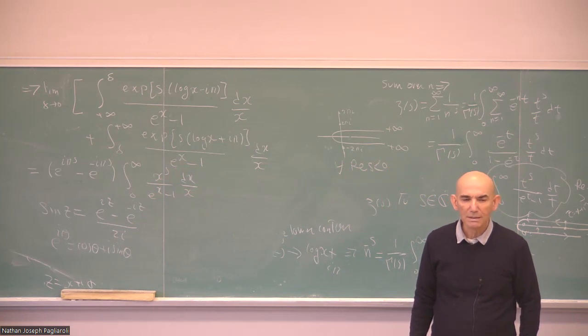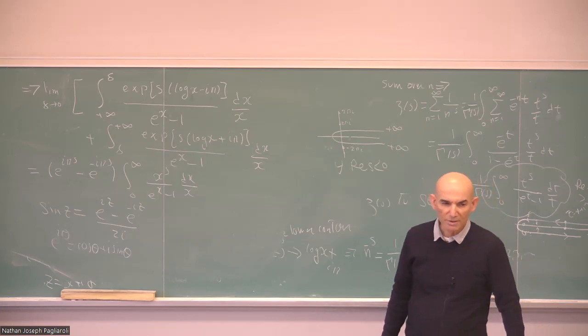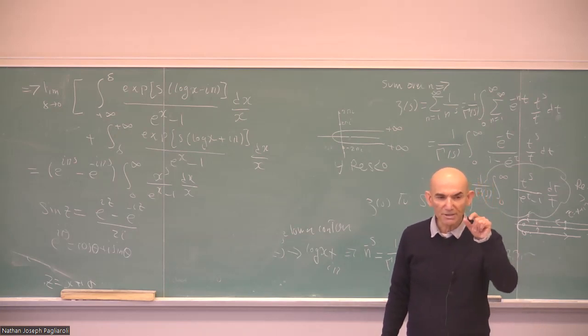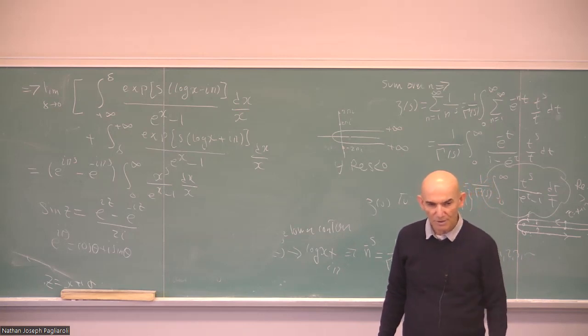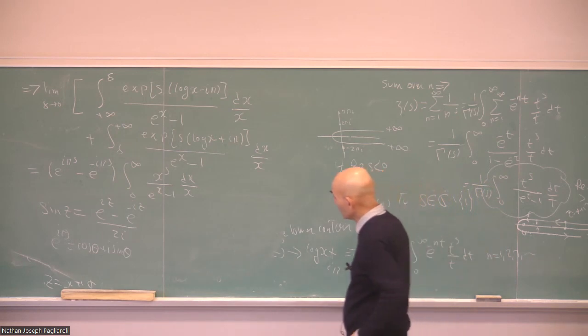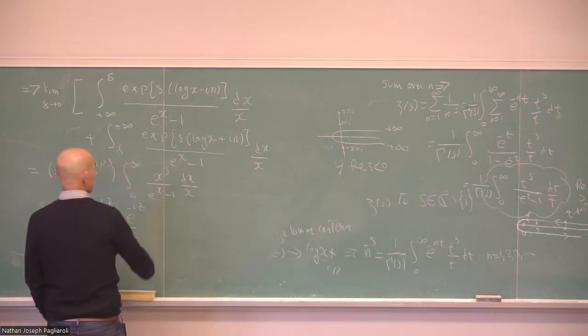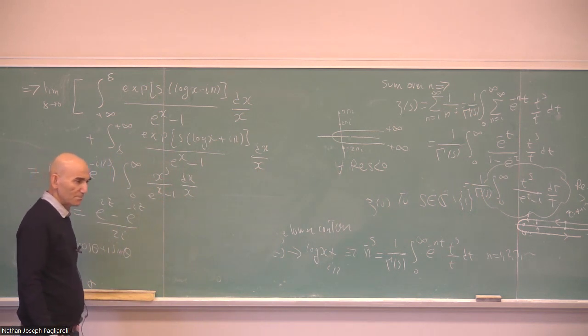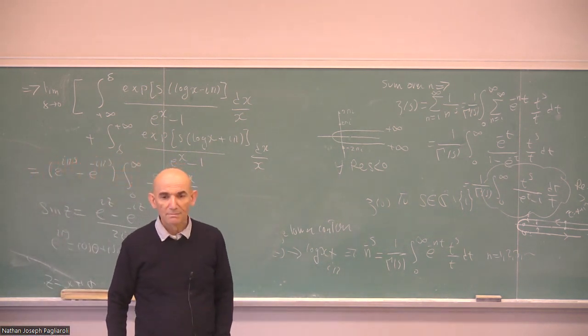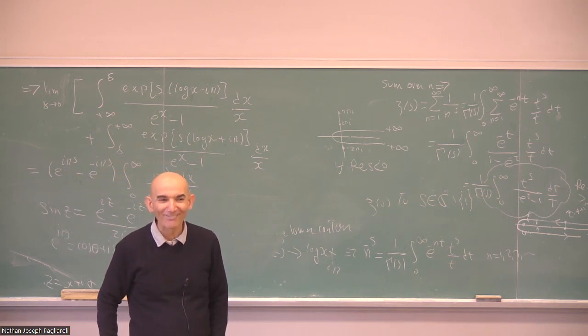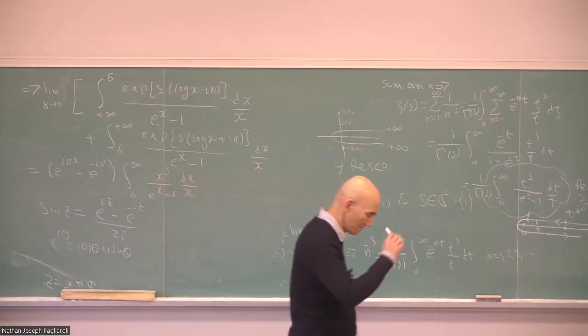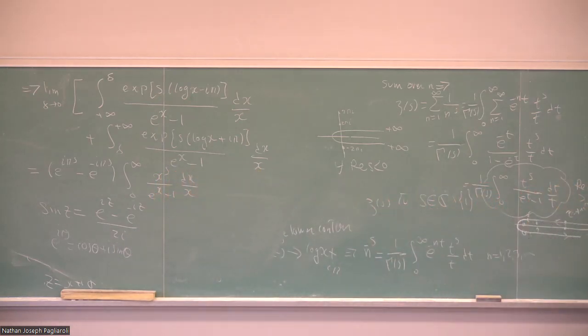The length of the circle shrinks to 0, that contributes, but what else was it? I'm not quite fresh on that. I have to write it down in detail. Maybe over the break we'll think about it.